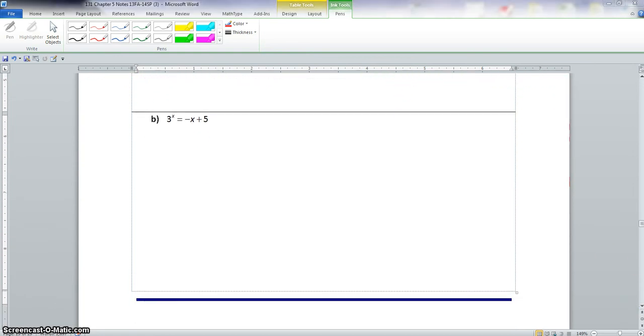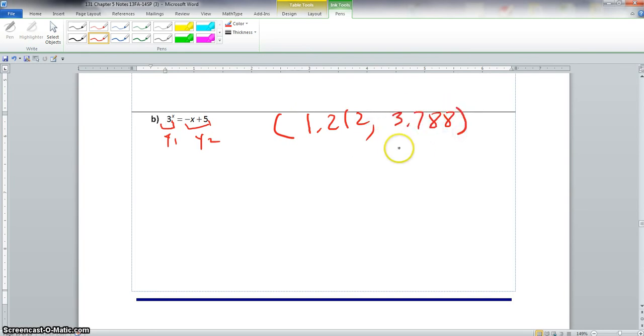Again, we will graph this like we just did the previous problem. This right here will be our y1, and this here would be our y2. Now, we put this in our calculators and graph it, and we will get the ordered pairs 1.212 and also 3.788. Now, that's with us rounding.